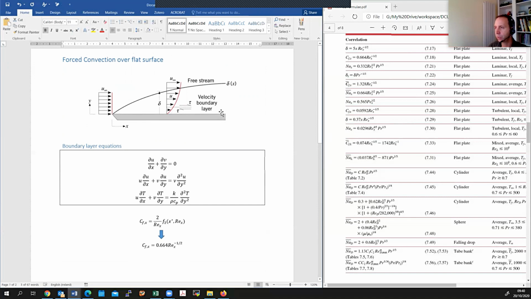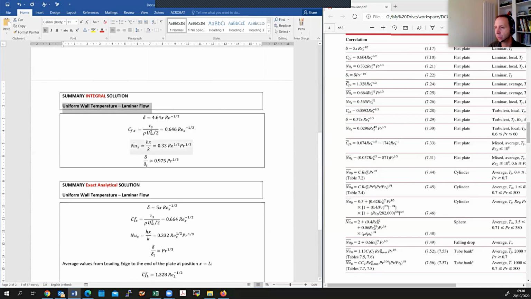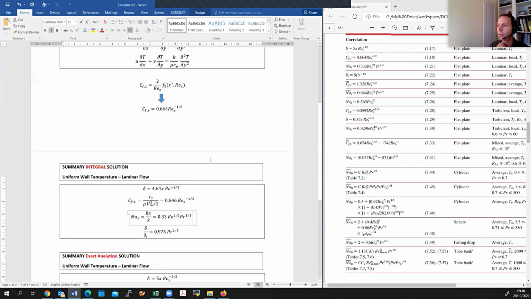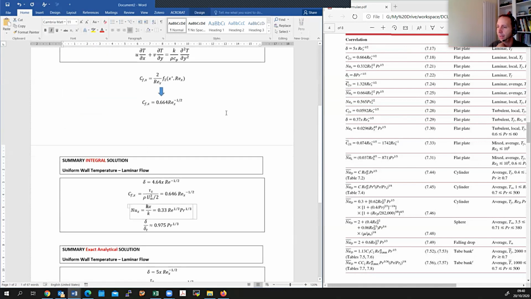This would influence the rate of heat transfer, and therefore the Nusselt number, which is a non-dimensional form of the convection coefficient h. h is a measure of how effective the flow is at transferring heat away from the surface. So it's clear that it will depend on the thermal condition. In that case, we're told the temperature is uniform.